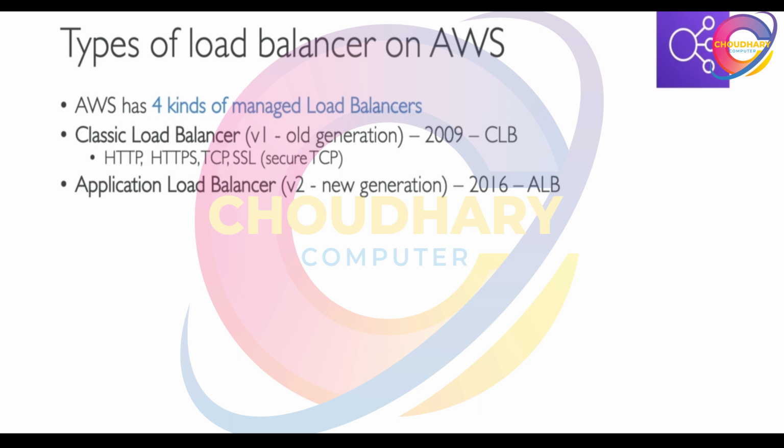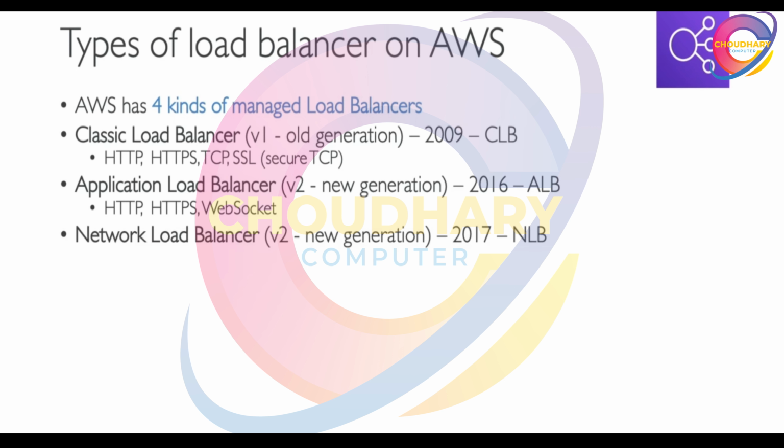Then we have newer generation load balancers. We have the application load balancer from 2016, or so-called ALB. This one supports HTTP, HTTPS, and WebSocket protocols. Then we have the network load balancer from 2017, which supports the TCP, TLS (secure TCP), and UDP protocols.